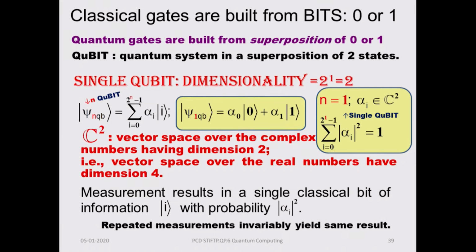And this quantum state can be described in terms of quantum mechanics, which means that if you perform a measurement, the system will collapse into an eigenstate. Okay, so what will come out of a result of a measurement is not a superposition. You will get only one or the other. So you will be back to either 0 or 1, not a superposition of the two. And if you measure it again, you will keep getting the same thing.